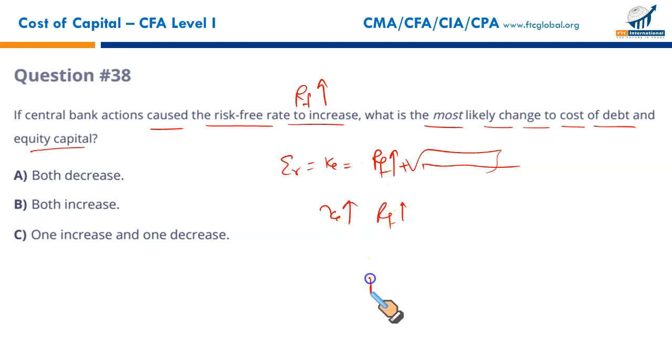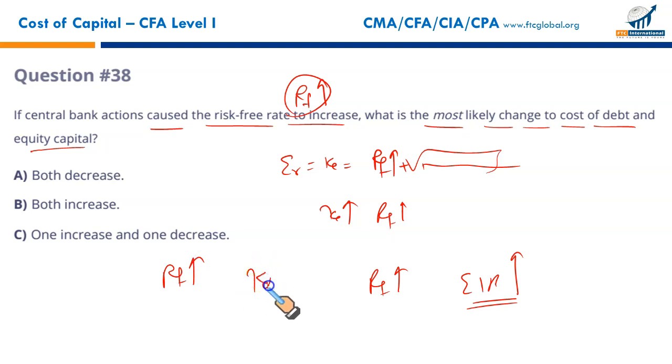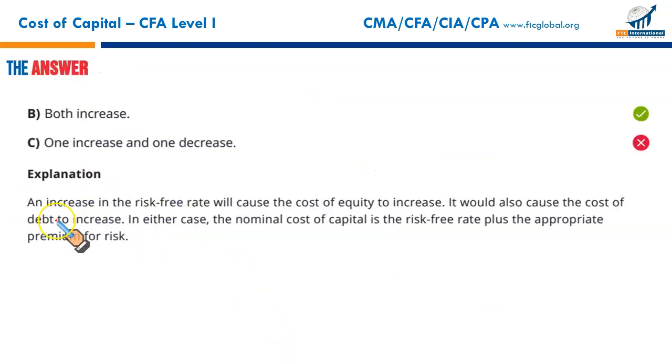When the risk-free rate goes up, the effective interest rate on the bonds goes up. So if it increases, the cost of equity and cost of debt will both go up. Remember, whenever the risk-free rate goes up, cost of debt definitely goes up. As per the CAPM, the cost of common equity will also go up. So both will increase. That makes B the correct option.